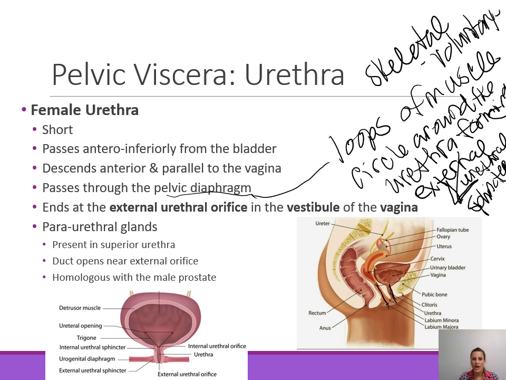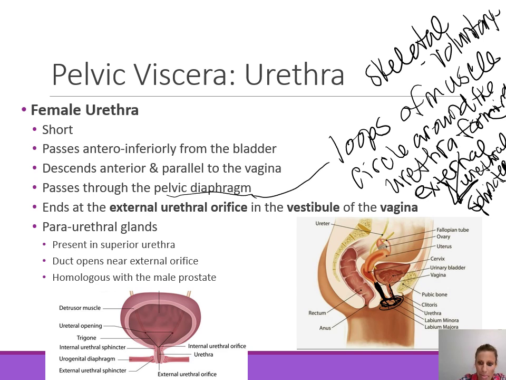The female urethra ends at the external urethral orifice, the external opening into the urethra, and this is in the vestibule of the vagina. If you look over here, the vestibule of the vagina is just this opening right here, this open area, right before you go into the vagina itself.